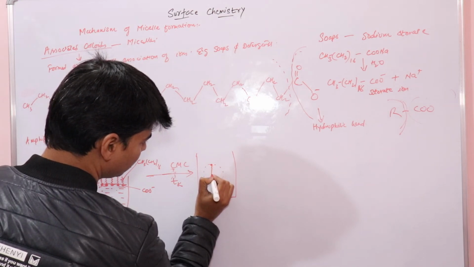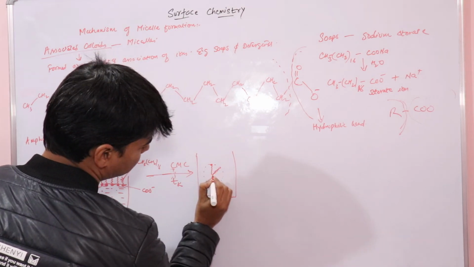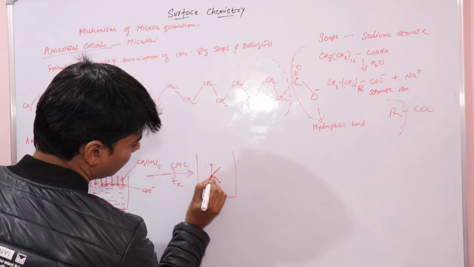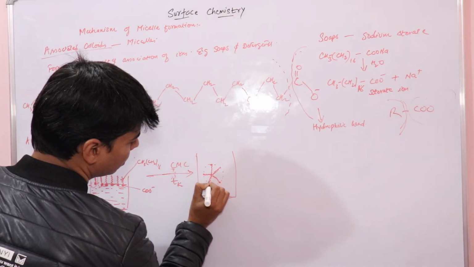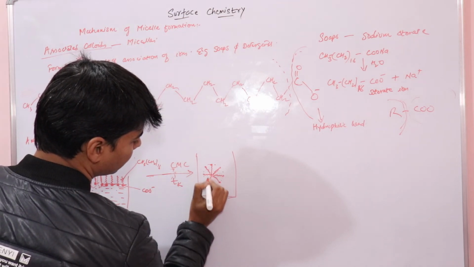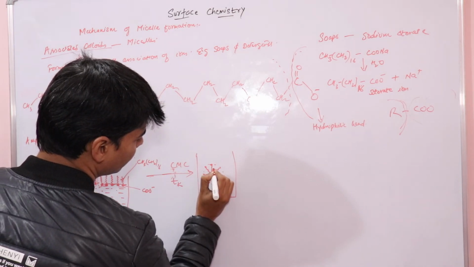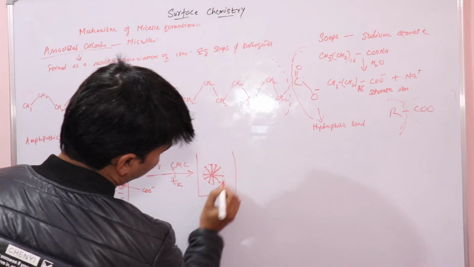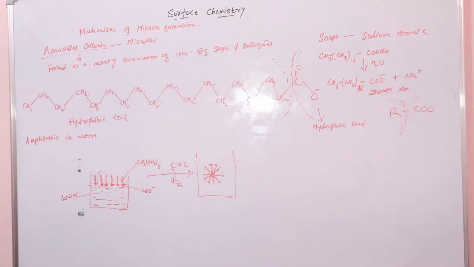This is how it will behave, and this is how it will look inside the water. So 100 such ions will interact to form these spherical ionic micelles. This is how the association of stearate ion takes place above CMC and TK.